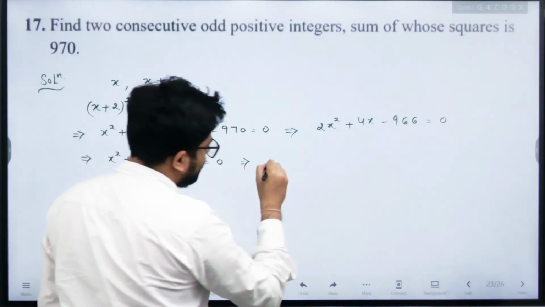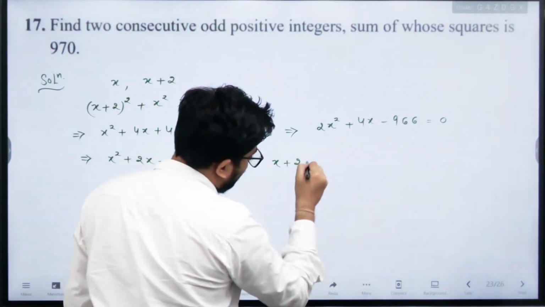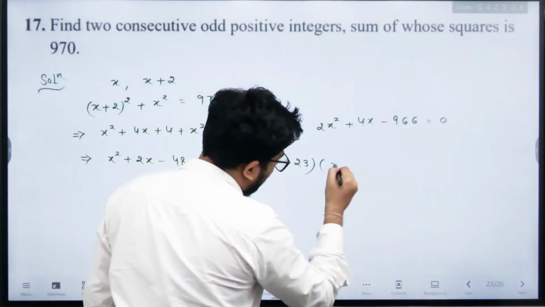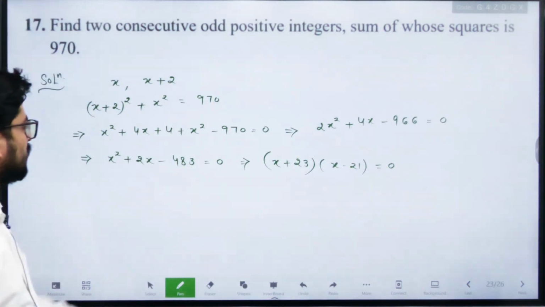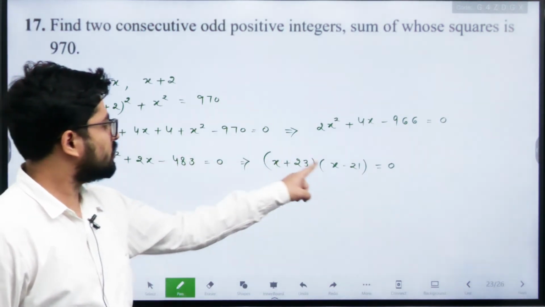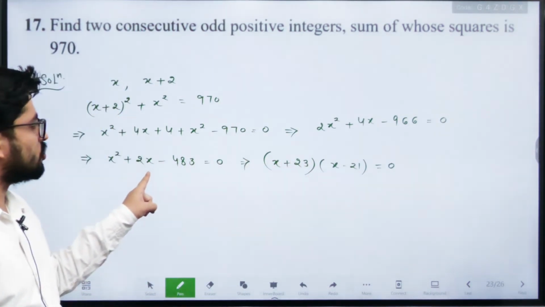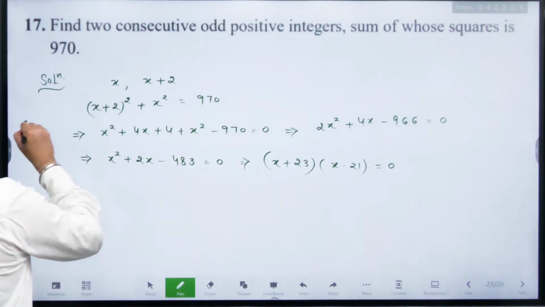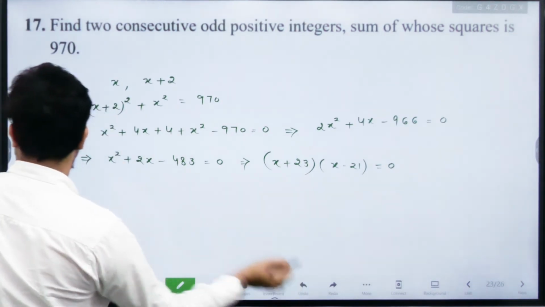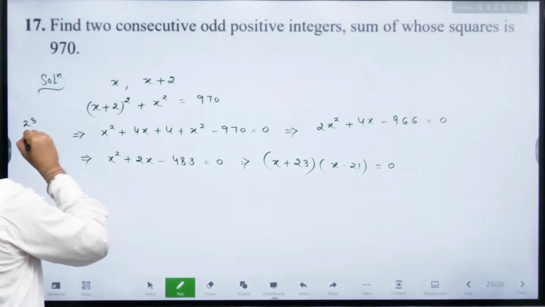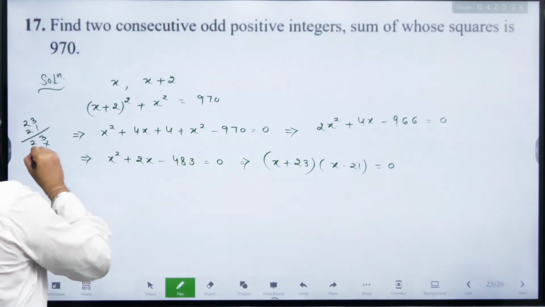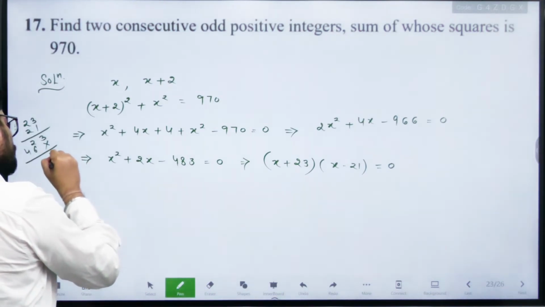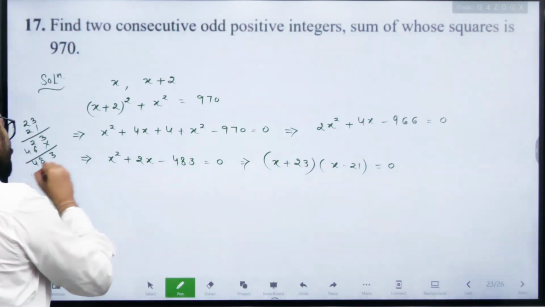Now you can say this is (x plus 23) and (x minus 21) is equal to 0. That is x square, 23x minus 21x, which is plus 2x, and 23 into 21, you can calculate the value: that is 483.